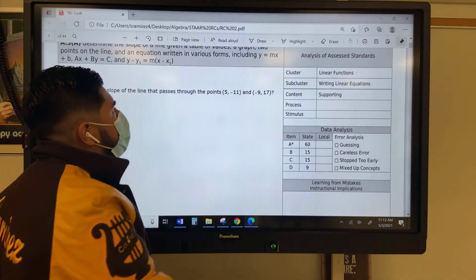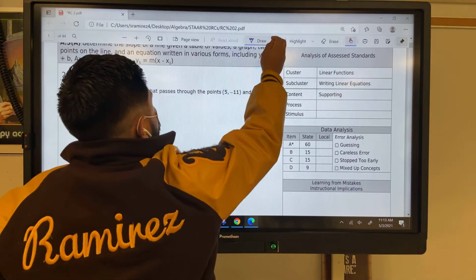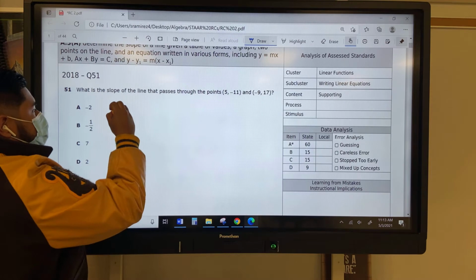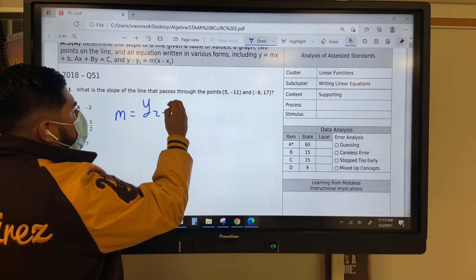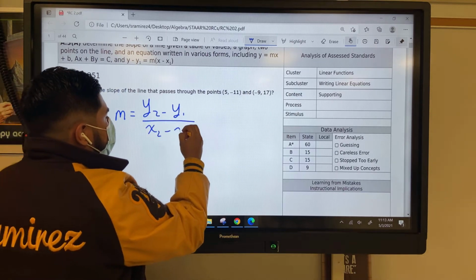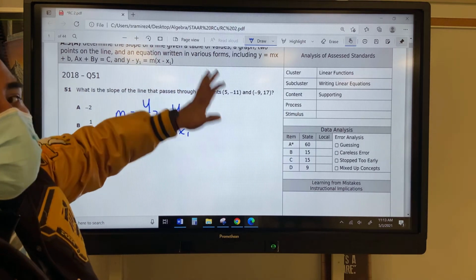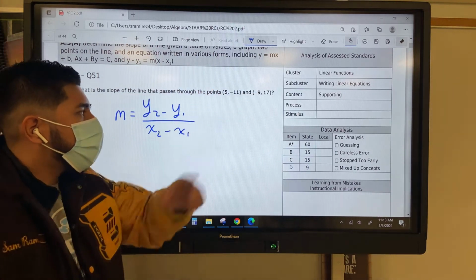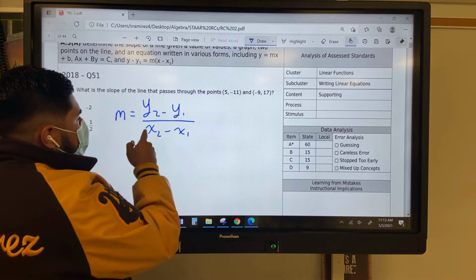What is the slope of this line? A couple months ago, we gave you a formula chart, with the formula y2 minus y1 over x2 minus x1. Where do I get all these labelings from? From the points, x, y, x, y, but we're labeling them 1, 2, 1, 2.